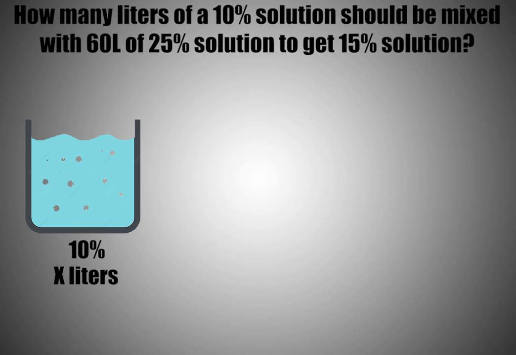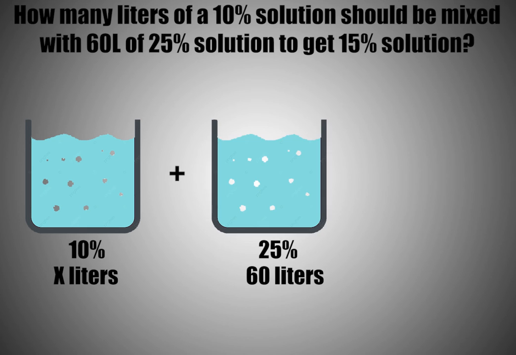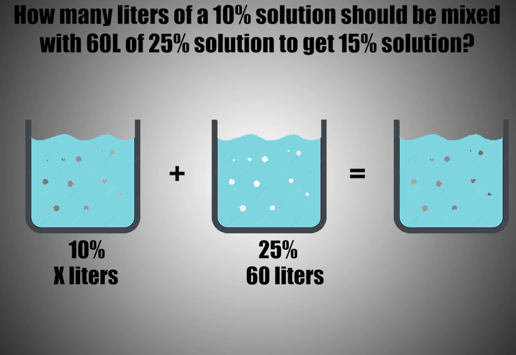And then this solution needs to be mixed with 60 liters of 25% solution in order for us to come up with a 15% solution. So the question is, how many liters of 10% solution are we going to add to the 60 liters of 25% solution to get 15% solution?